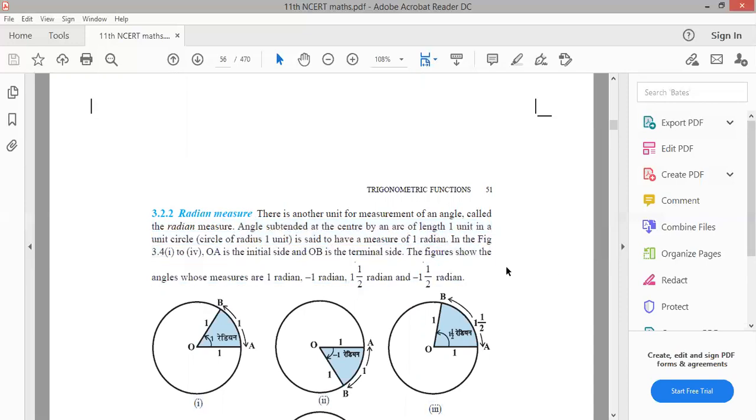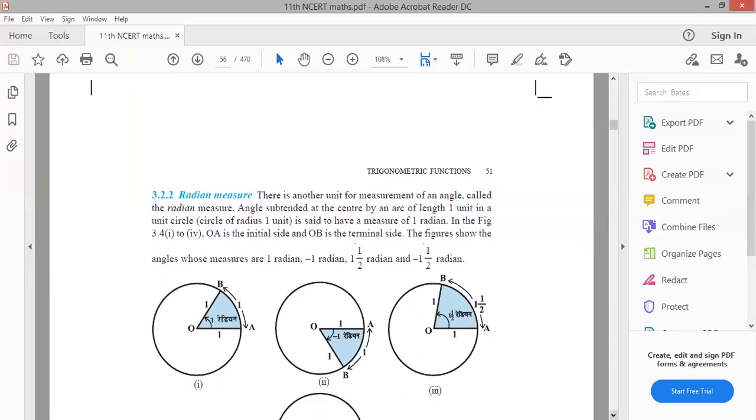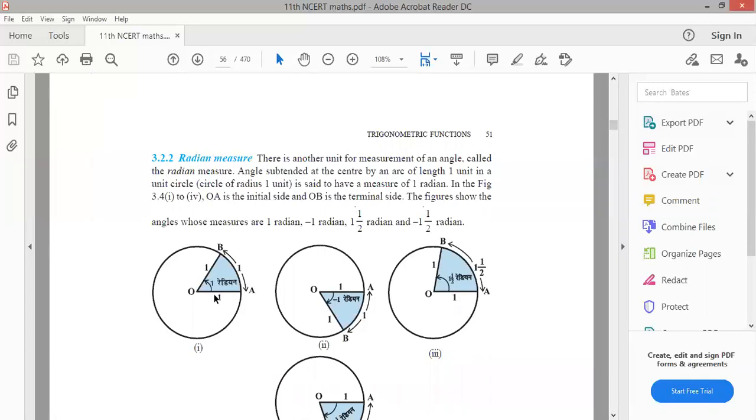We understand it like this. For example, you have a circle with unit radius. That means radius is equal to 1. What that 1 may be, 1 centimeter, 1 meter, whatever, 1 unit is there.